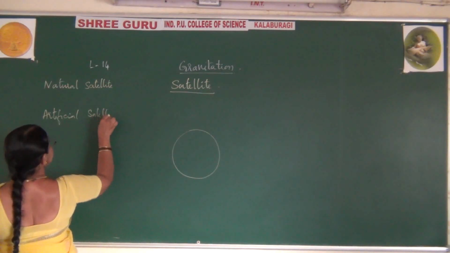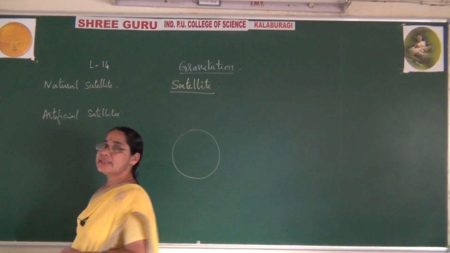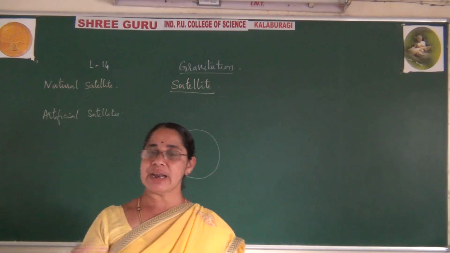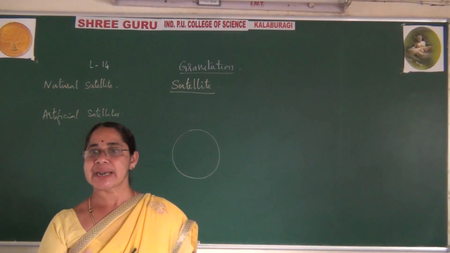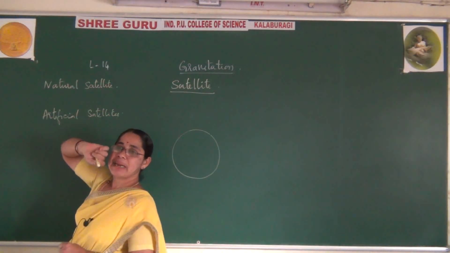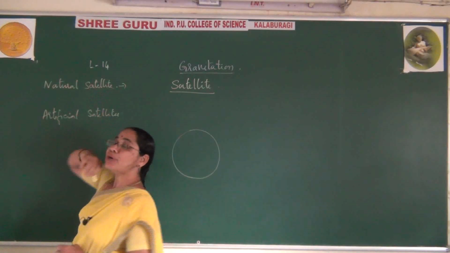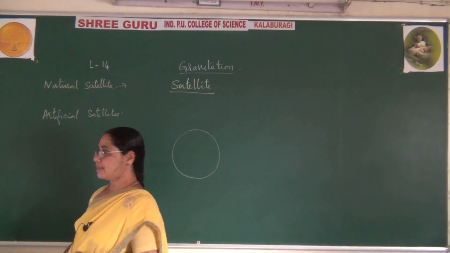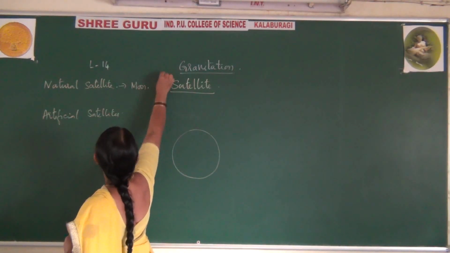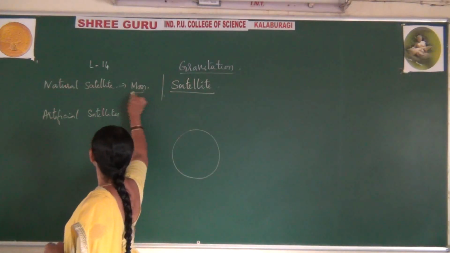What do you mean by natural satellite? It means the satellite which occurs in nature itself. Those types of satellites are called natural satellites. For this I can give the best example: for the Earth, the Moon is the natural satellite of Earth.